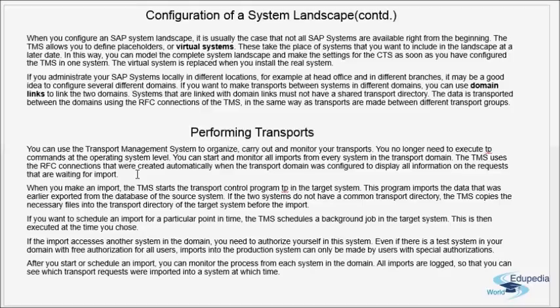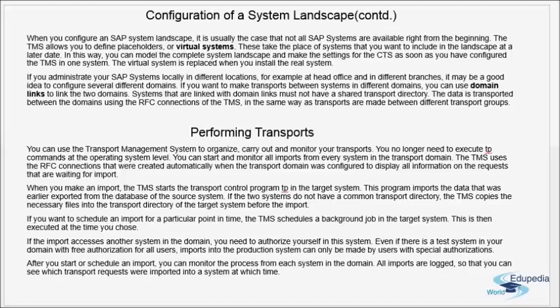When you make an import, the TMS starts the transport control program TP in the target system. This program imports the data that was earlier exported from the database of the source system. If the two systems do not have a common transport directory, the TMS copies the necessary files into the transport directory of the target system before the import. So when an import has to be performed, data is already exported from the database of the source system.